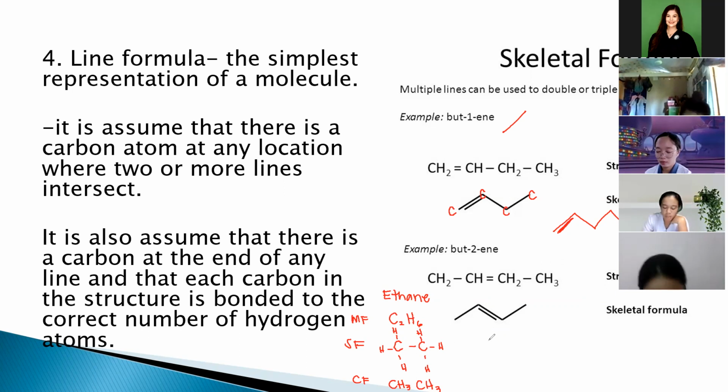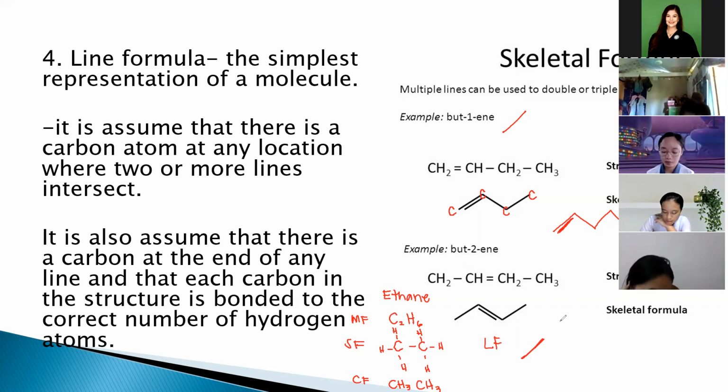Pero pag ang pinasulat sa inyo ay ang kanyang line formula, this is 1 carbon here. Again, this is 1 carbon here sa ending, and then another carbon on the ending. So yan lang talaga ang line formula ni ethane. Okay? Yan lang talaga ang line formula niya. Kasi dalawang carbon na yan. One end will have the carbon and then the other end will also have a carbon.